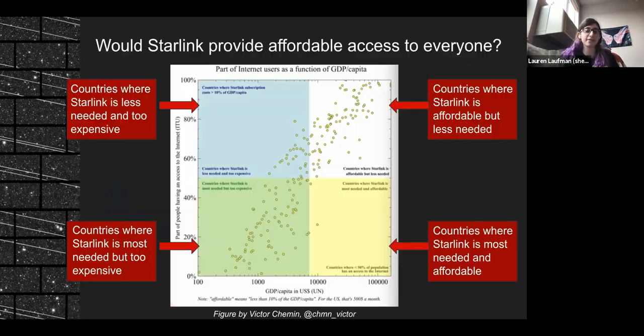And so if you're in a country where you're poor and you don't have money and you don't have internet, you probably can't afford the cost of Starlink to get internet. So this other analysis shows that at its current cost, which hopefully will go down, Starlink isn't actually benefiting people where it's needed most because it's simply not affordable.